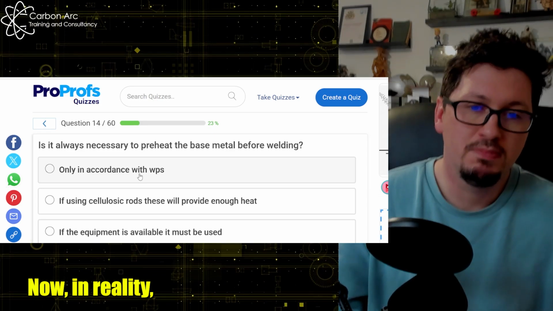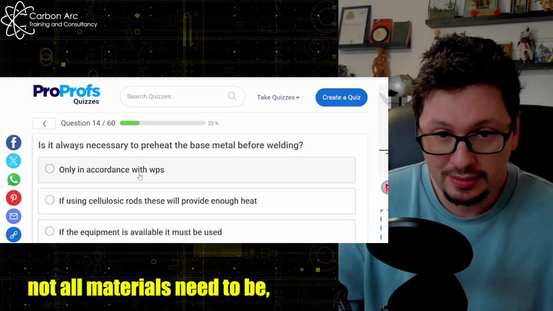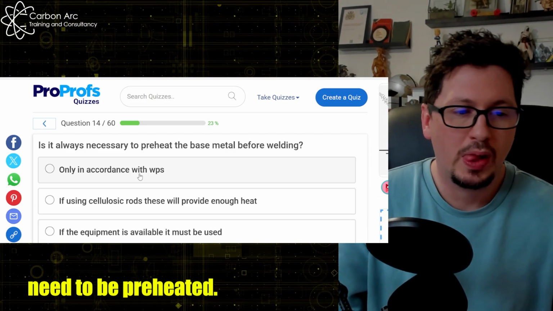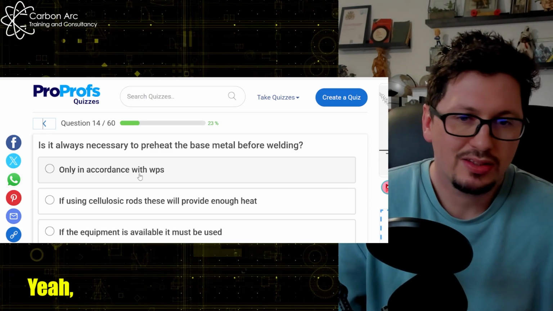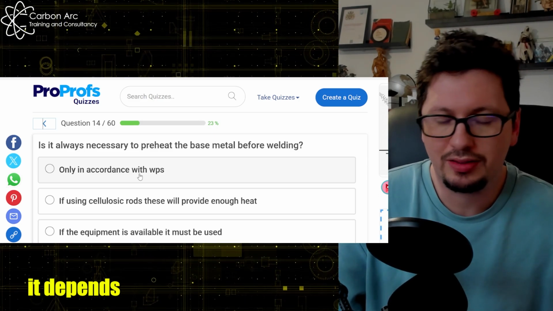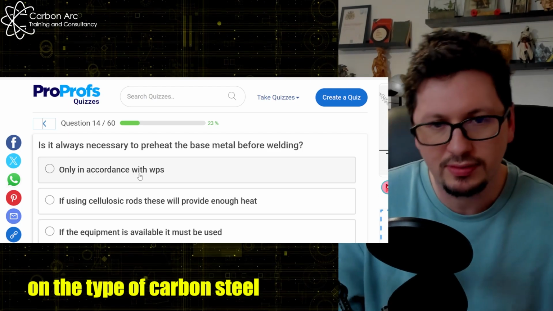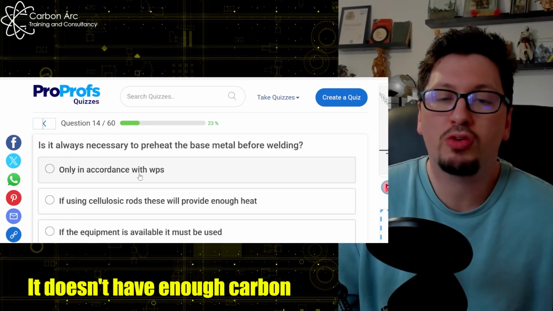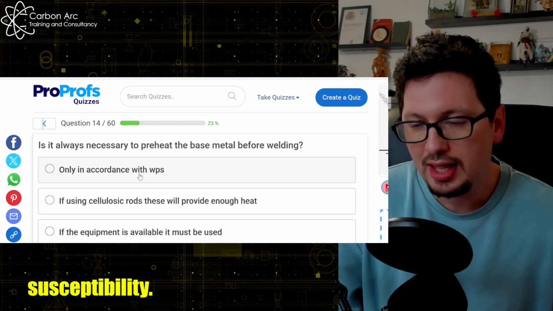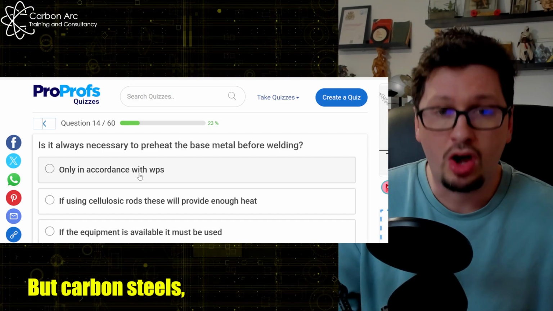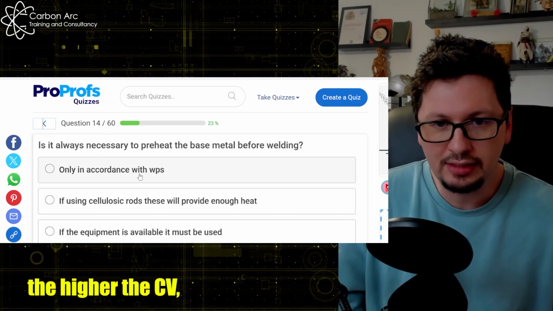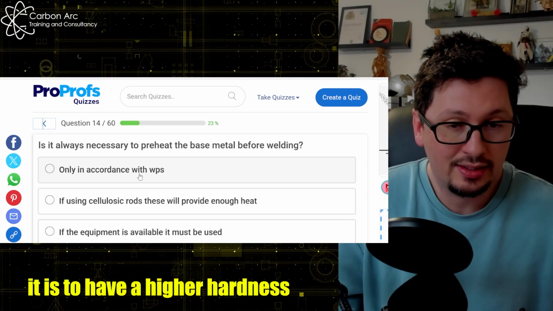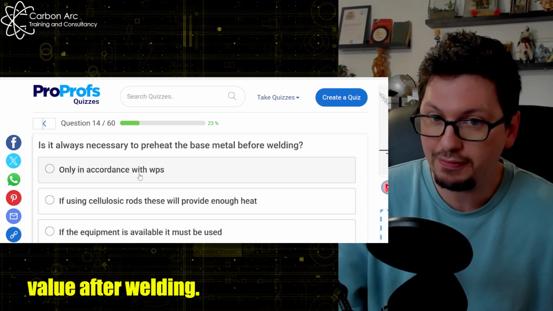Now, in reality, not all materials need to be preheated. I would generally say it depends on the type of carbon steel we're using. Stainless steel doesn't get preheated, as it doesn't have enough carbon to have a hardness susceptibility. But with carbon steels, the higher the CEV, the more likely it is to have a higher hardness value after welding.